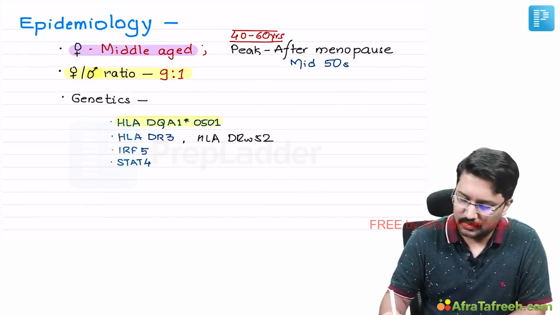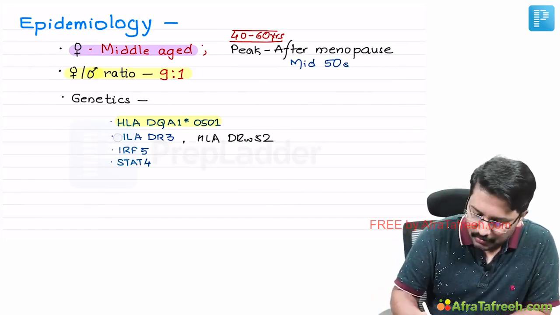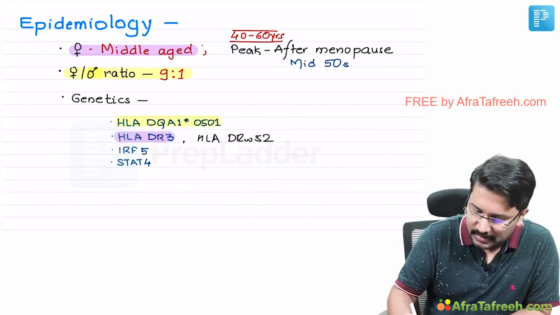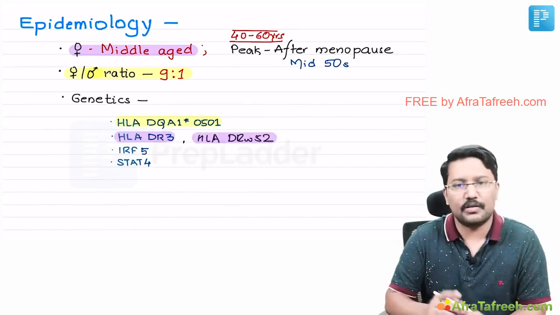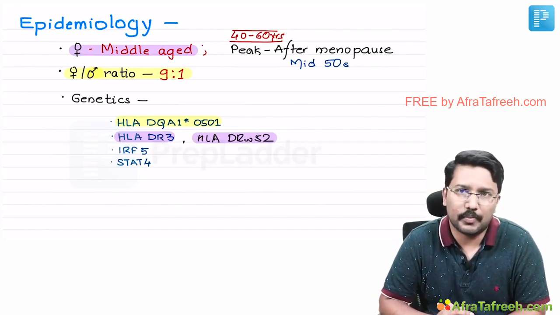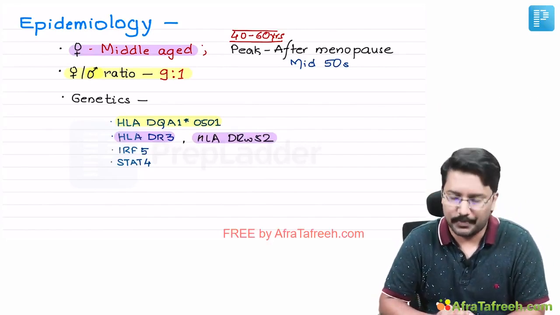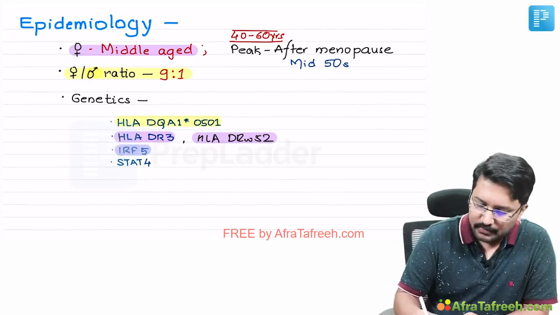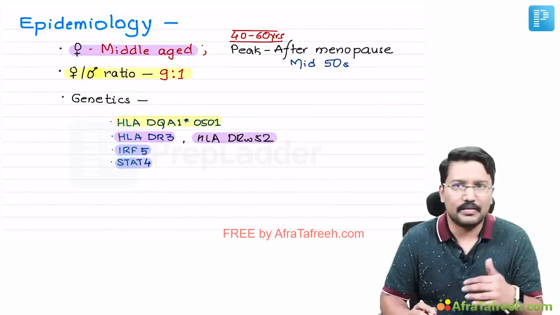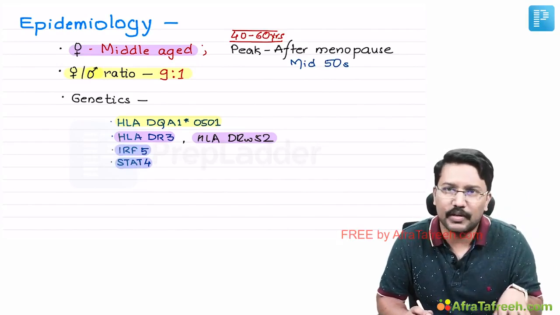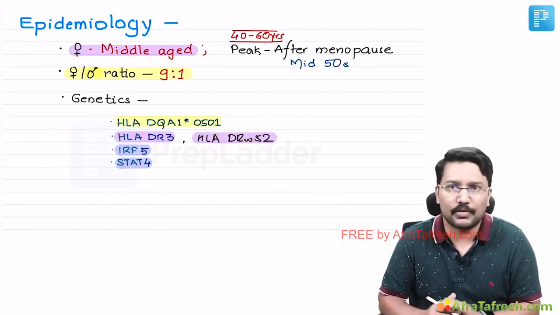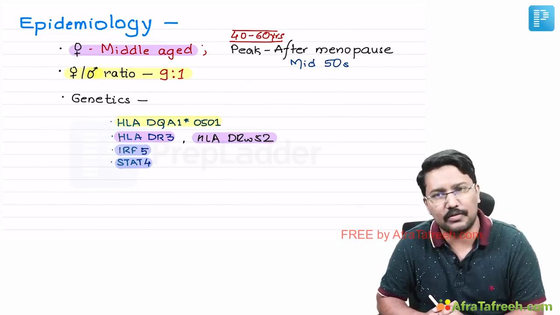It is associated with high risk of developing Sjogren's syndrome. Other than that, HLA-DR3 as well as HLA-DRW52 are also associated with high risk. The non-HLA genes include IRF5 and STAT4, with certain single nucleotide polymorphisms in these locations associated with high risk of developing Sjogren's syndrome.